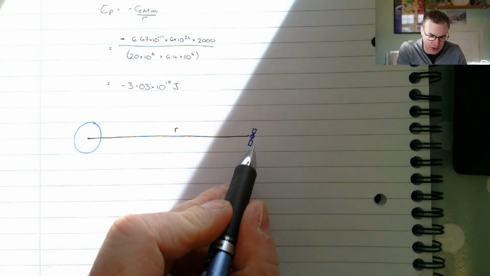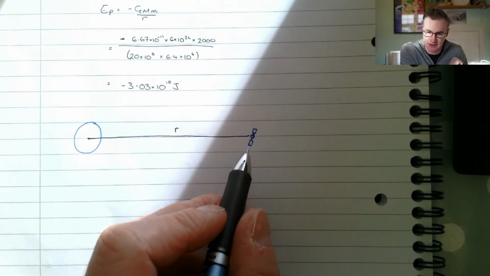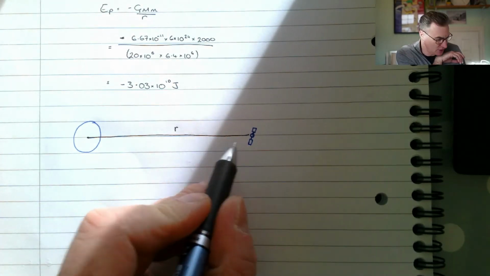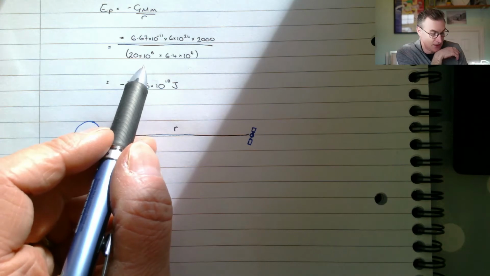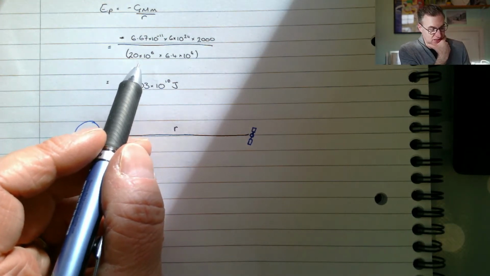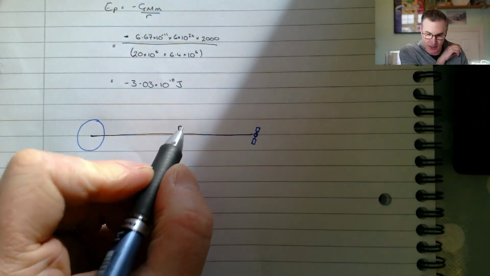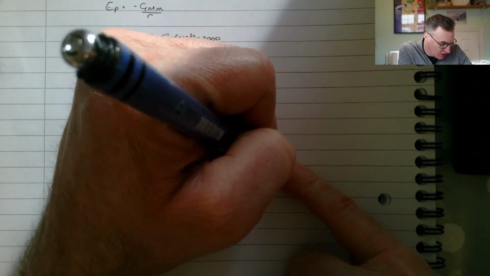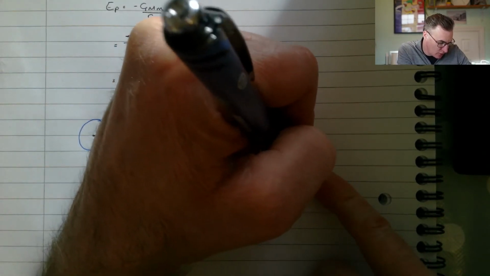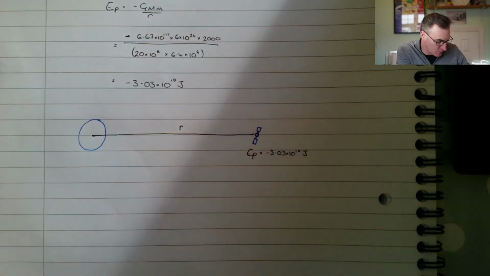So at our point, 20,000 kilometers above the surface of the Earth, it will be 26.4 thousand kilometers from the center of the Earth, so that's going to be a radius value, and we've calculated that the energy, EP, at that point is equal to minus 3.03 times 10 to the 10 joules.